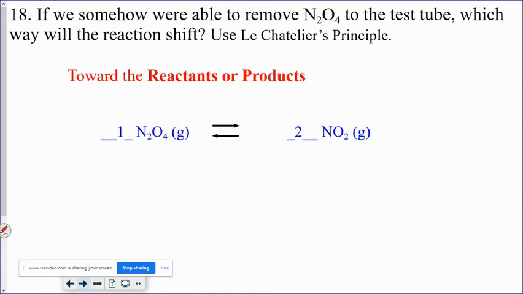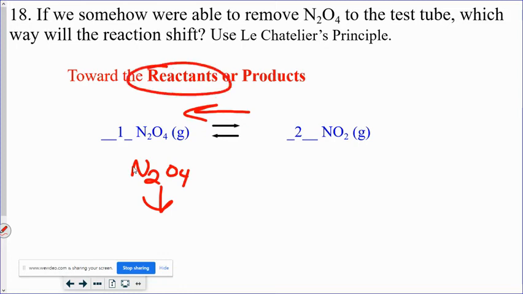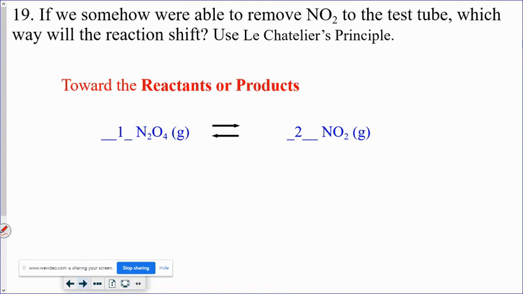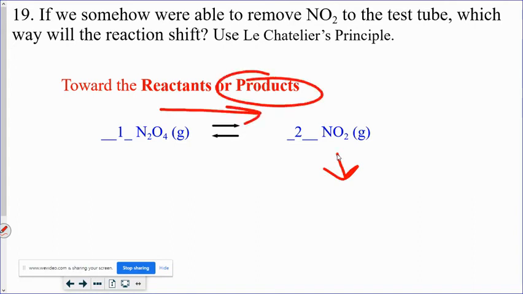If we somehow were able to remove some N2O4, so N2O4, its amount decreases, the reaction should shift to try to produce some more N2O4. So it would shift towards the reactant side. If you're somehow able to remove some NO2, so NO2 was removed, it would shift towards the product side to try to make some more NO2.